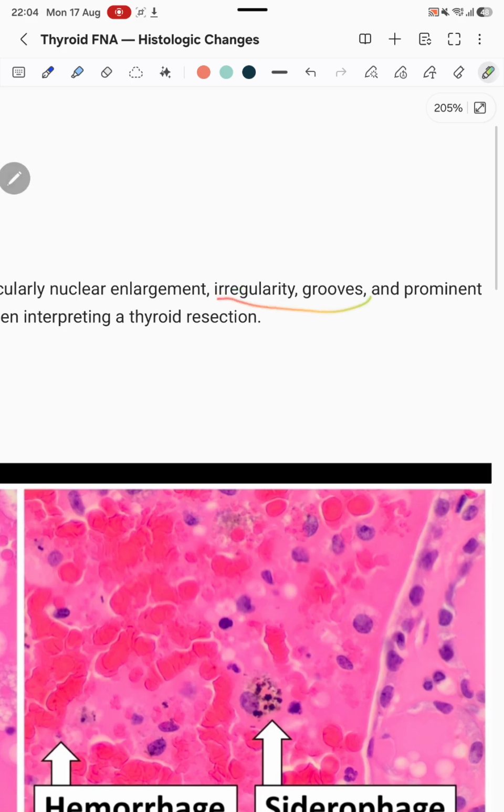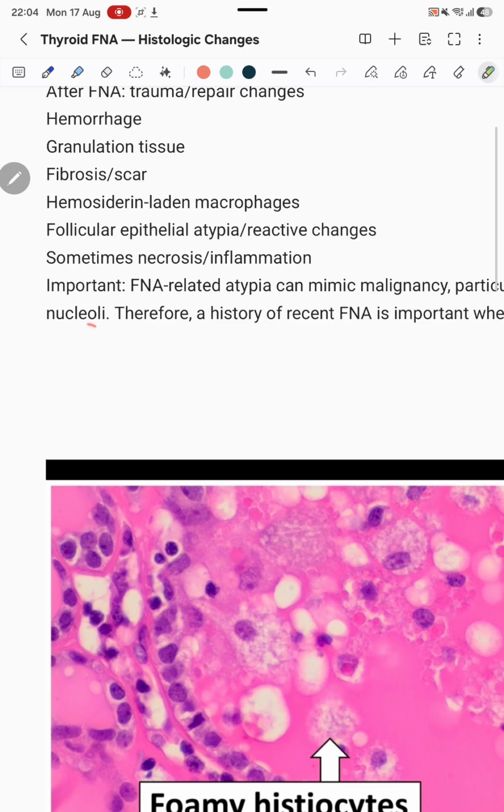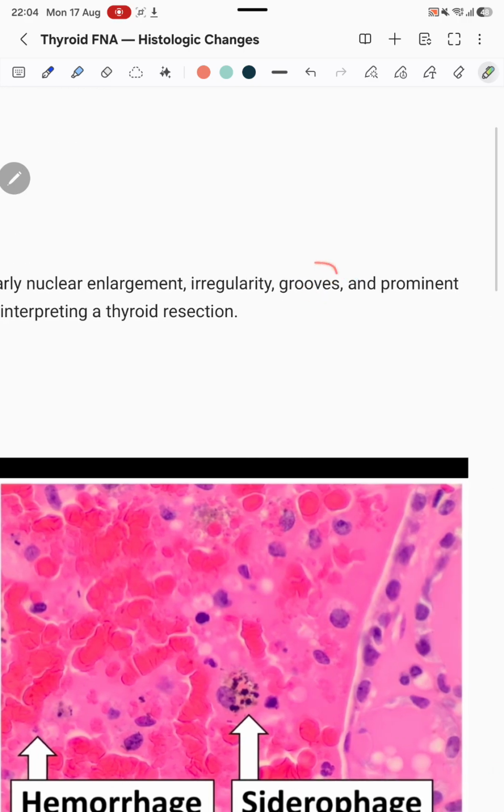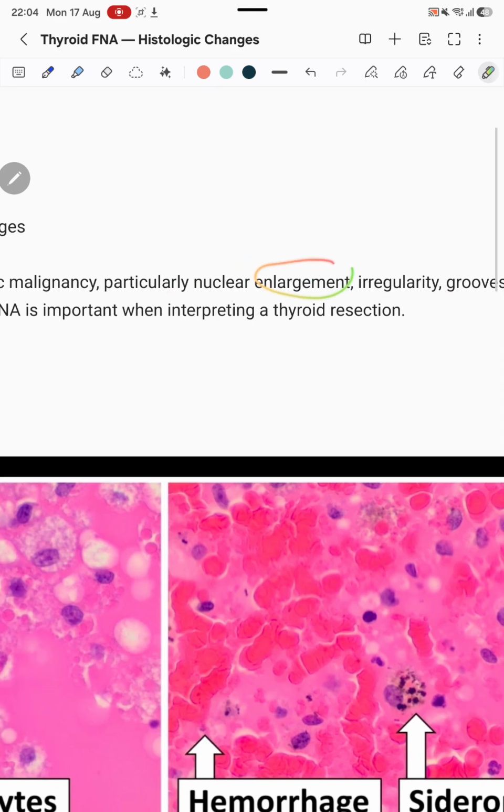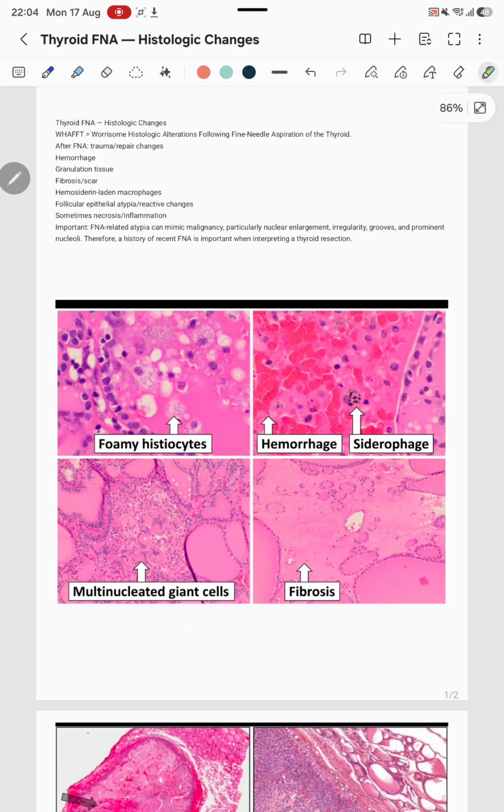But because it's the thyroid, probably not the nuclear enlargement that will strike you, but more the irregularity, the grooving and prominent nucleoli, grooving changes, irregularity, probably the enlargement. So you should make sure that you know these changes.